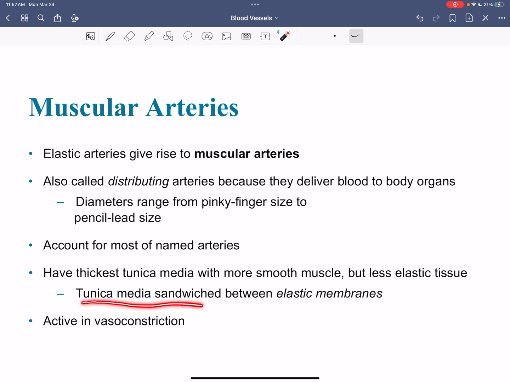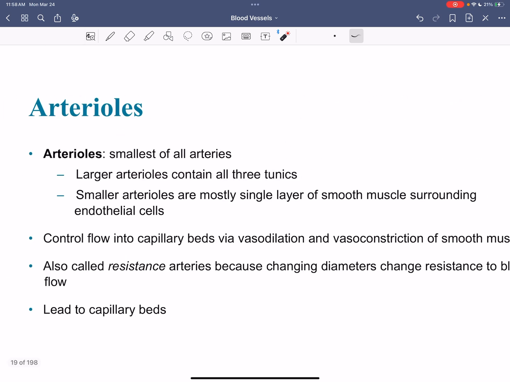And we have a tunica media that's sandwiched between these two elastic membranes. Now, this one really does have a role in vasoconstriction, so vasomotion. And not surprisingly, that's one of the reasons it has all this muscle within the middle to allow it to vasodilate and vasoconstrict.